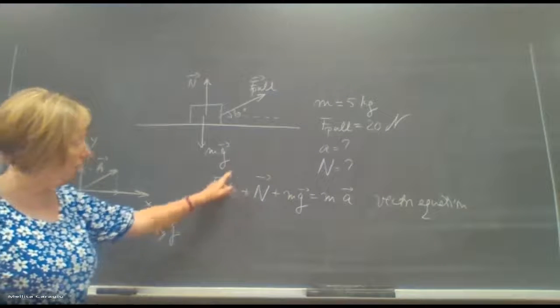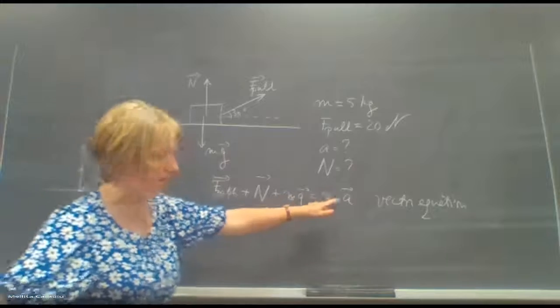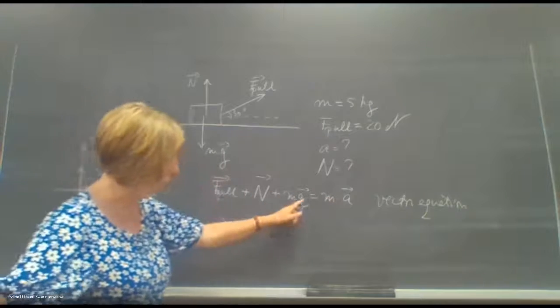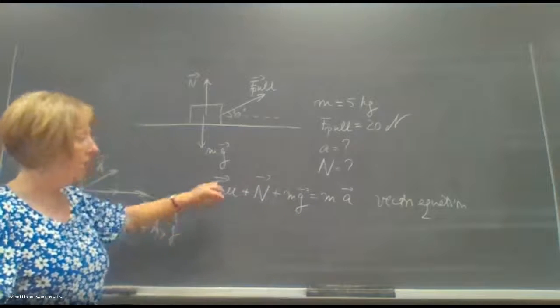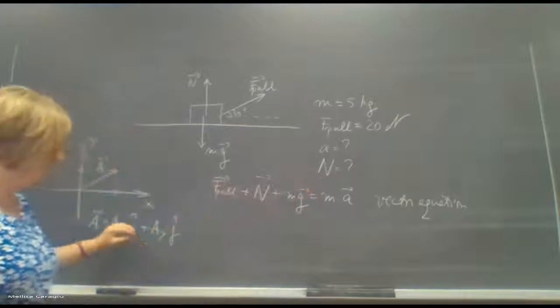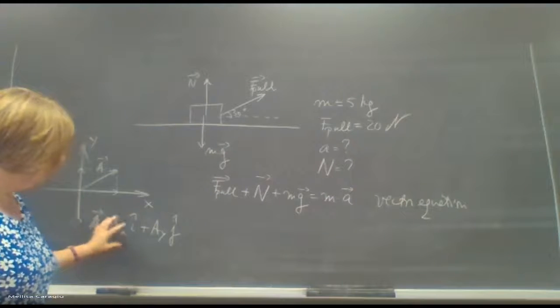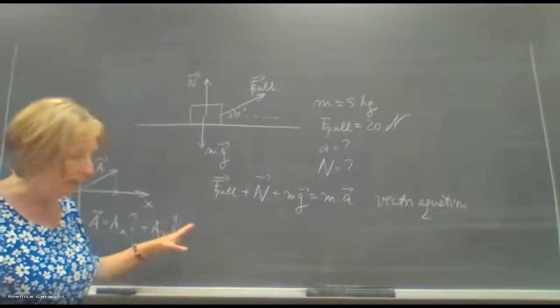That is how all these vectors, so 1, 2, 3, and the acceleration, because all are vectors, are supposed to be written. Something i hat plus something j hat.